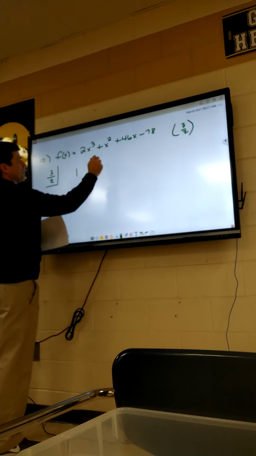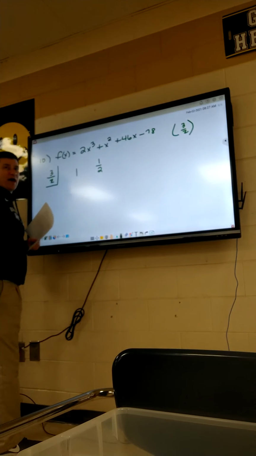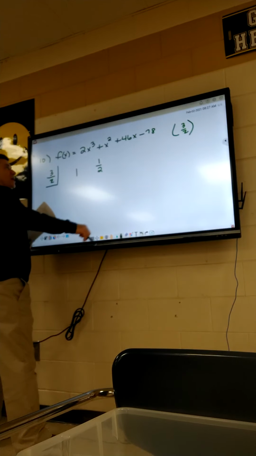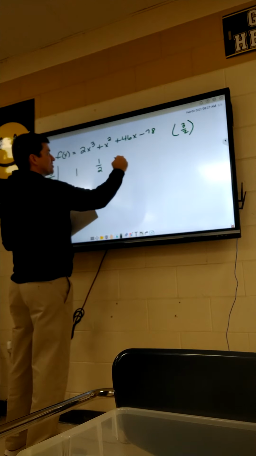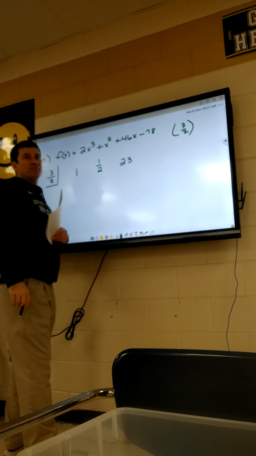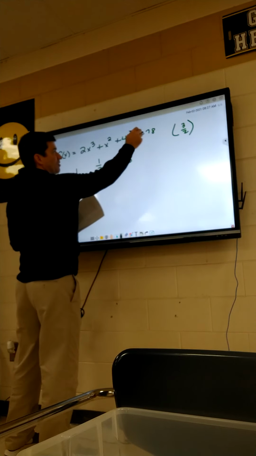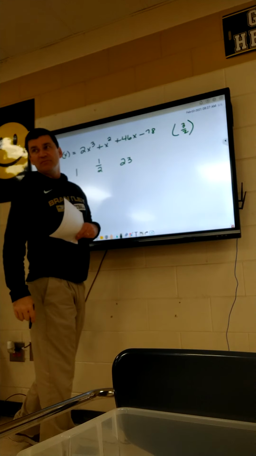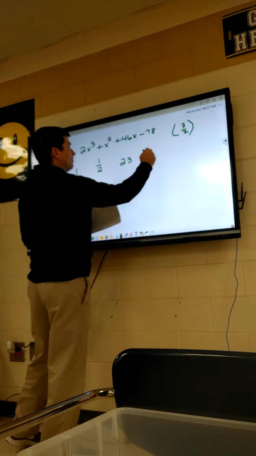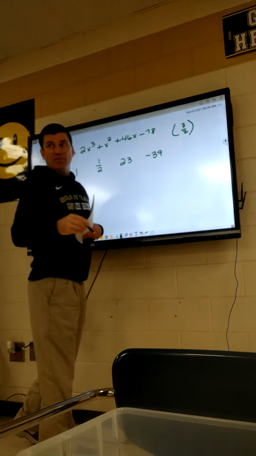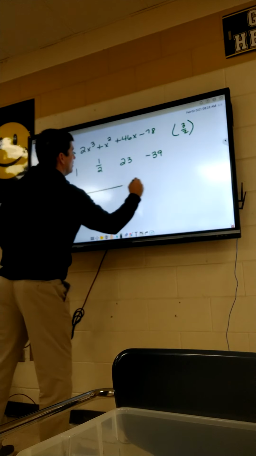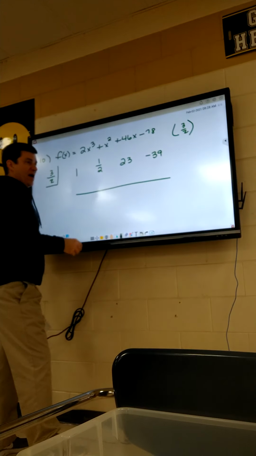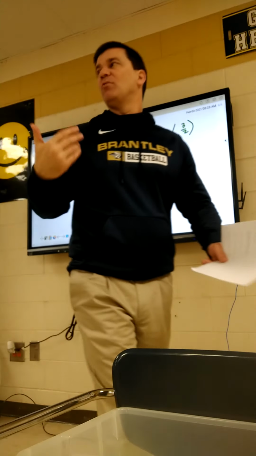Next number, 1 divided by 2, I leave it 1/2. Next number, 46 divided by 2, I bring down 23. Last number, what's 78 divided by 2? I think it's 39. Somebody check behind me. Okay. All right. After that, work the problem the way you would normally work the problem.